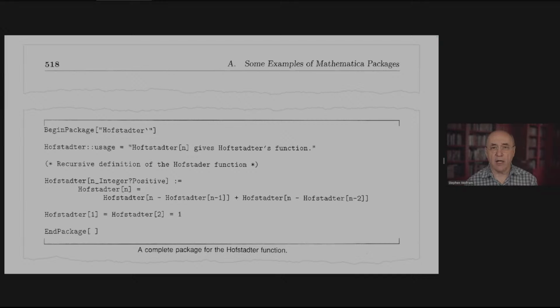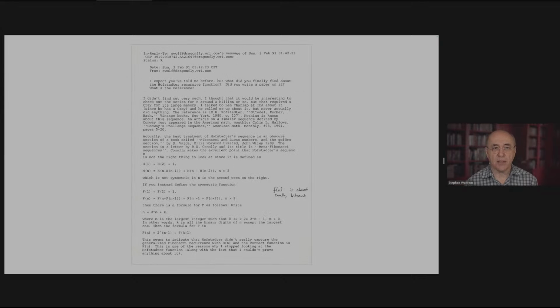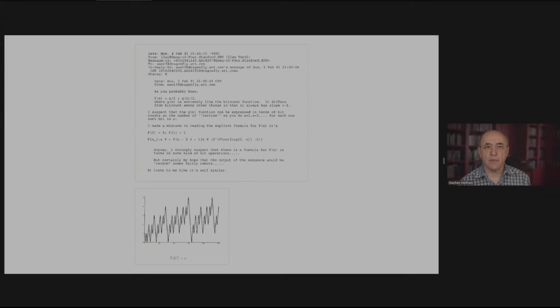So my email archive records an exchange that I had with Ilan Vardy at that time about nestedly recursive functions. He suggested a more symmetrical nested recursive function. I responded, including a picture that I'd made that made it fairly clear that this particular function would have only nested behavior and not seem random.